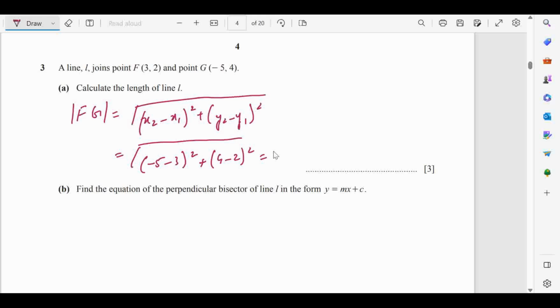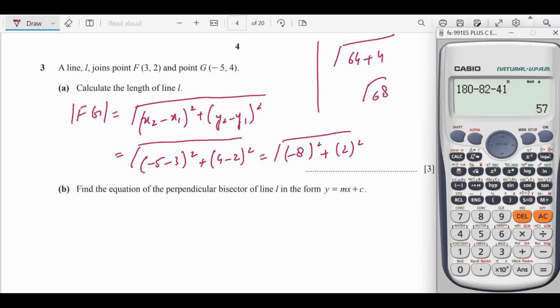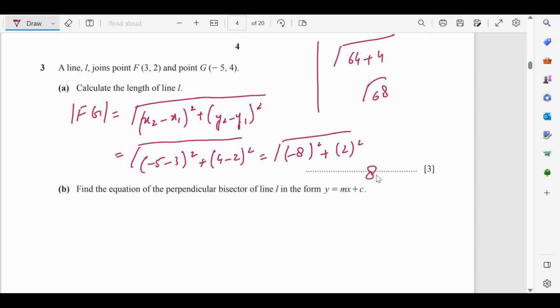So this will be minus 8 squared plus 2 squared. So finally this will be the square root of 64 plus 4, the square root of 68. So this will be equal to 8.24. So 8.24 will be the final answer.